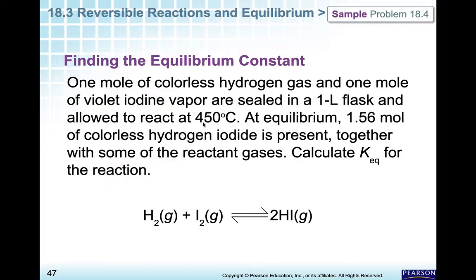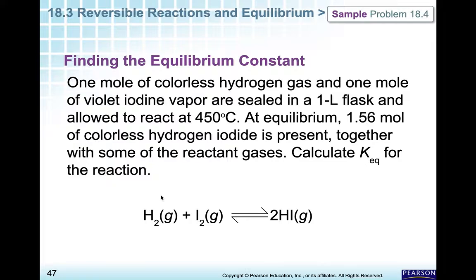And they're allowed to react at a constant temperature. At equilibrium, we have 1.56 moles of hydrogen iodide, our product, together with some of the reactant gases that did not react completely. And we would like to calculate the equilibrium constant for this reaction.